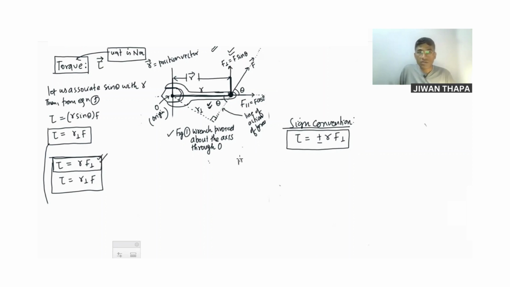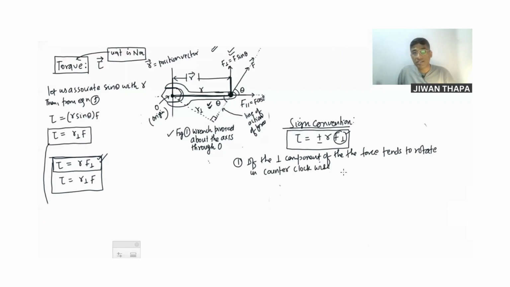Now if the perpendicular component of the force tends to rotate in the counterclockwise, that is anti-clockwise, direction, then tau is positive. We take tau as positive.